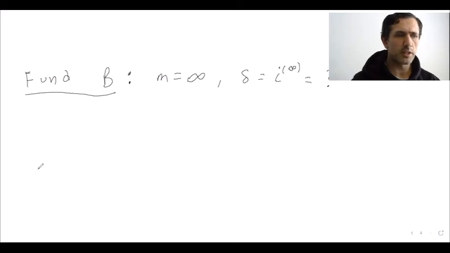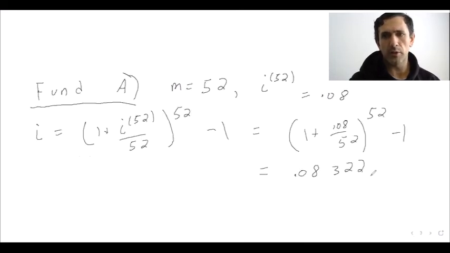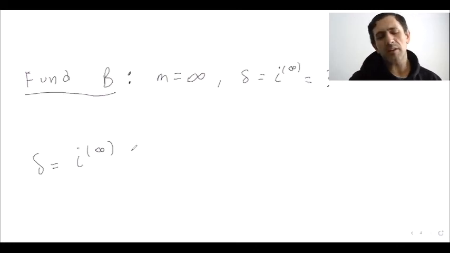Okay, so all we do now is plug and chug into our formula, assuming I is, again, 0.08322, the effective annual interest rate for Fund A. I maybe cheat a little bit sometimes and say effective annual interest rate and yearly growth synonymously.